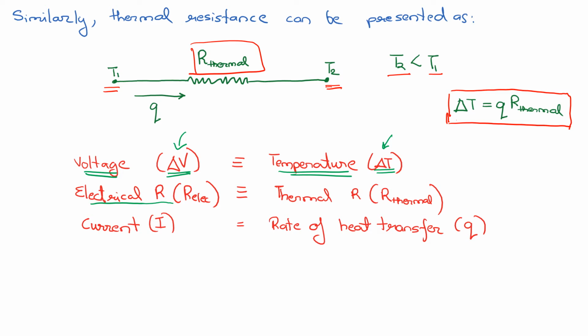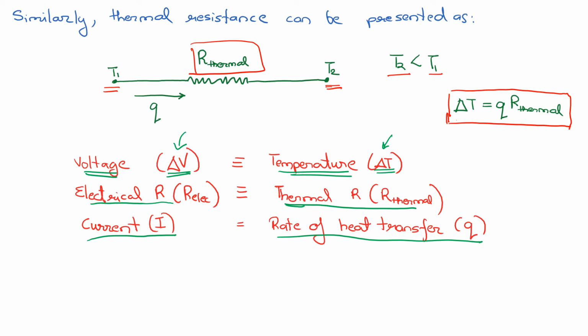Instead of electrical resistance, we here have thermal resistance, and this resistance can be due to conduction, convection, or radiation. And obviously, instead of current, we have the rate of heat transfer. So it's exactly analogous to the electrical resistance that you've studied before, and the mathematical equations that are followed are also similar.